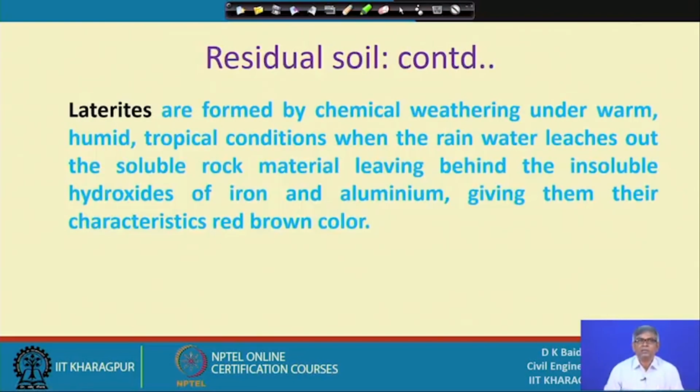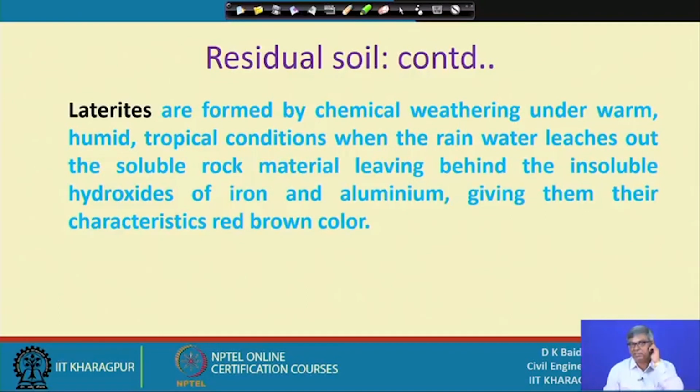And one important residual soil is laterites. Laterite is a special type of soil, like loess or hardpan I have mentioned, formed by chemical weathering under warm, humid tropical conditions, when the rainwater leaches out the soluble rock material, leaving behind the insoluble hydroxides of iron and aluminum and giving them their characteristic red-brown color.